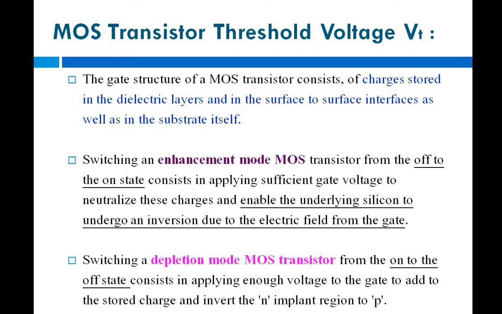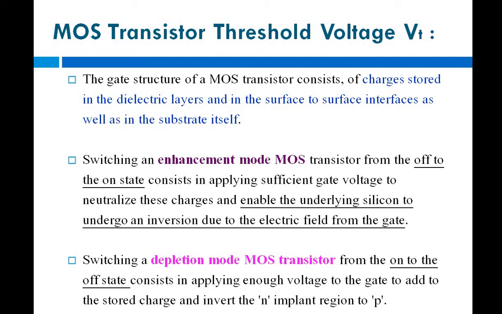Surface to surface means if you have a P substrate, then you have an N diffusion, and that surface to surface interface, as well as in the substrate itself, you will have some charges. To conduct through these we require a minimum voltage, to conduct the electrons or to pass some voltage or current. That is nothing but your threshold voltage.